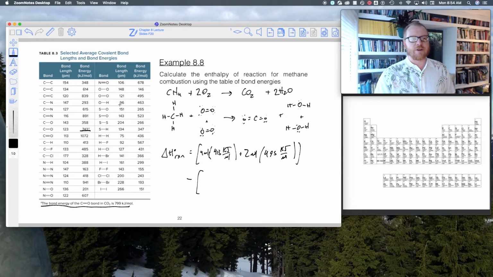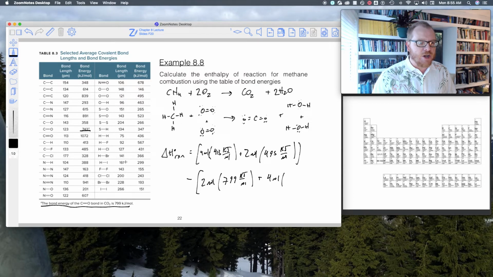This table doesn't have any other exceptions, but every now and again you will see something like that, because chemistry is the science of exceptions. You knew that. So there are now 2 moles of carbon-oxygen double bonds in CO2 at 799 kilojoules per mole. And then plus 4 oxygen-hydrogen bonds. Each H2O has 2 moles of oxygen-hydrogen bonds, but we have 2 moles of H2O to give me 4 in total.